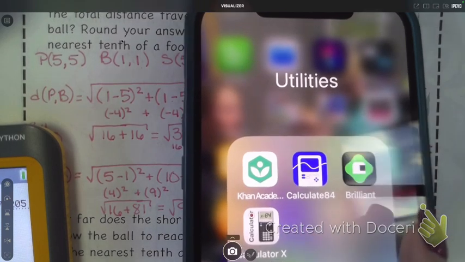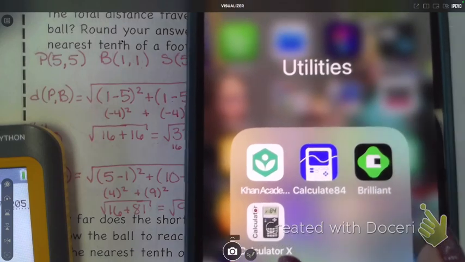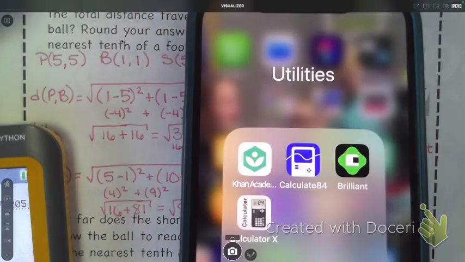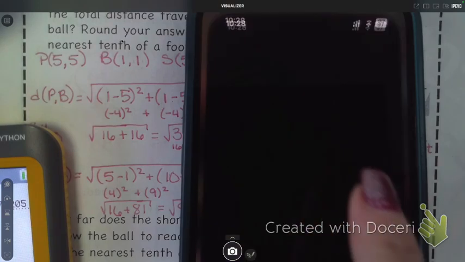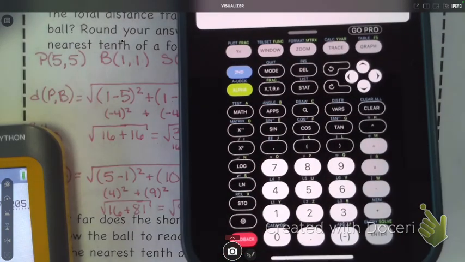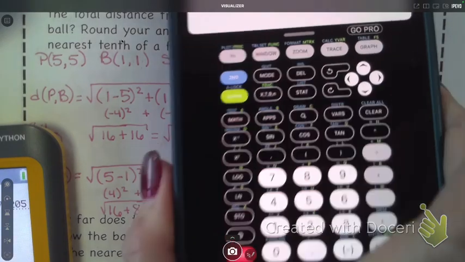There's other ones, like Calculator X. Does anyone have an Android in here? Any Android phones? Because if you do, there's one that's really good too. Calculate 84 is exactly this calculator.